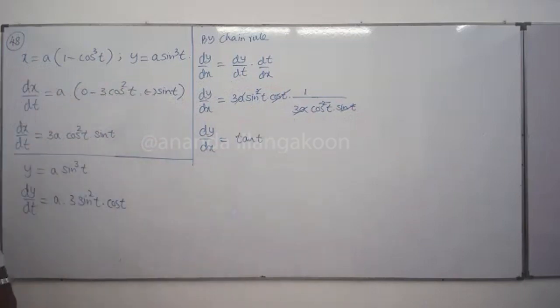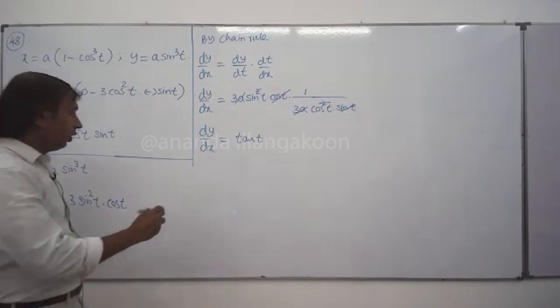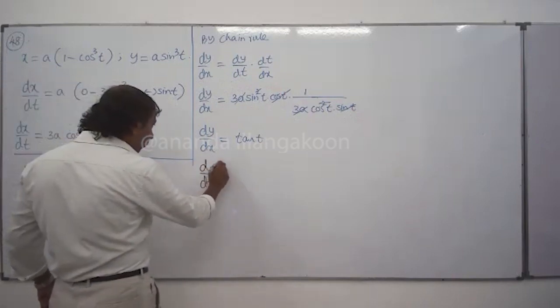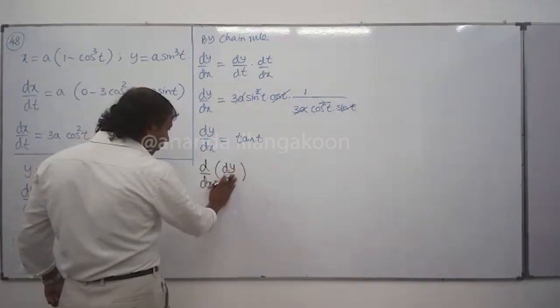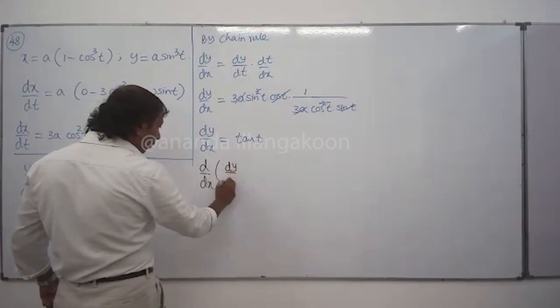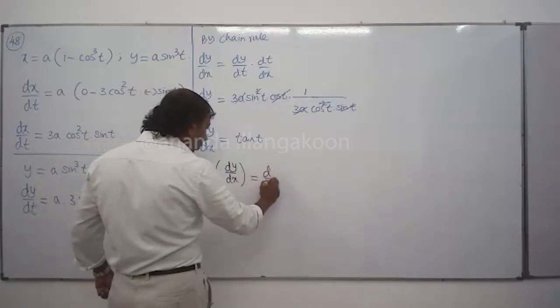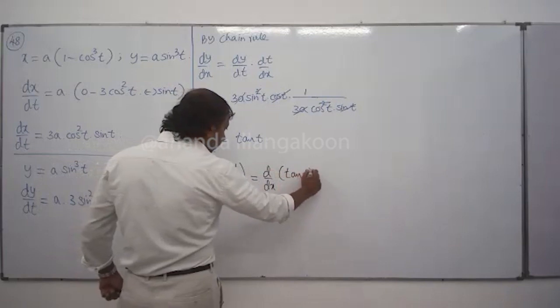Now we have to differentiate both sides with respect to x again. We get d over dx of dy by dx equals d over dx of tan t.